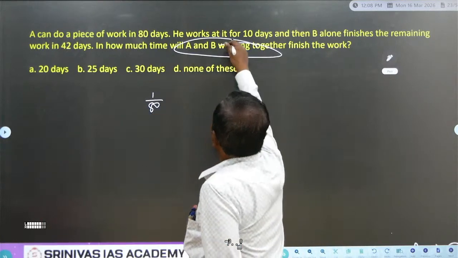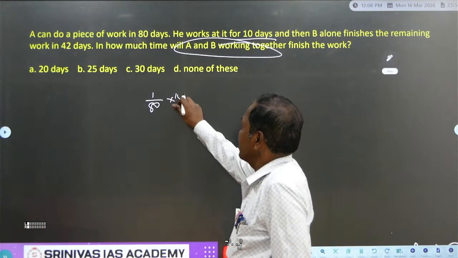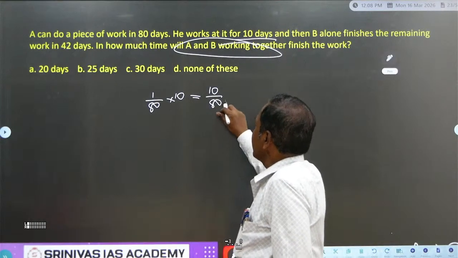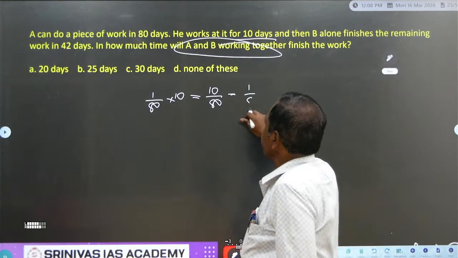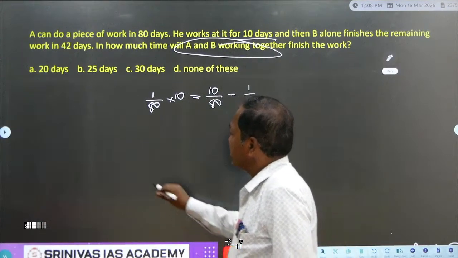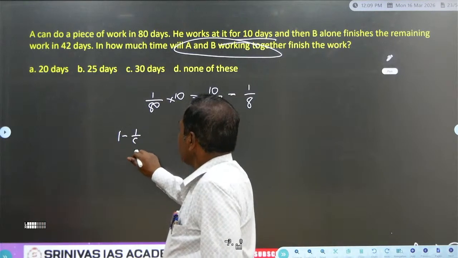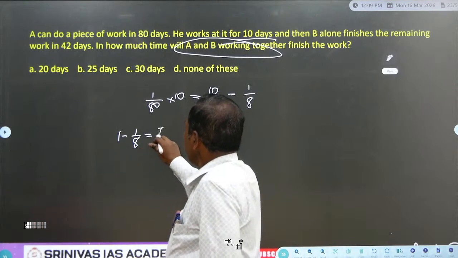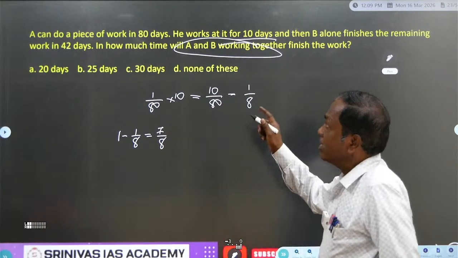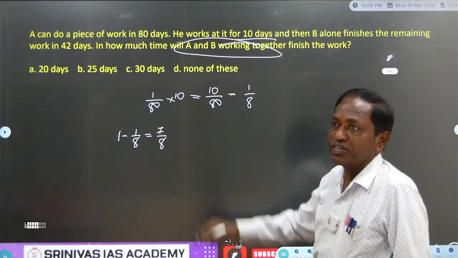He works for 10 days, so he did 10/80 of the work, which is 1/8. The remaining work is 1 minus 1/8, which is 7/8. That work B alone finishes in 42 days.